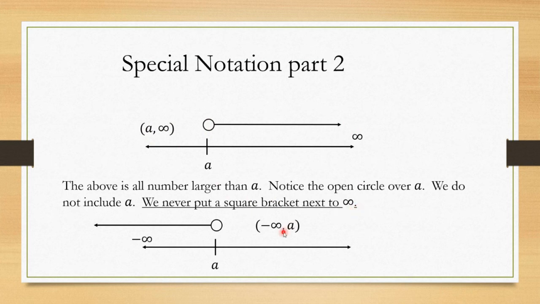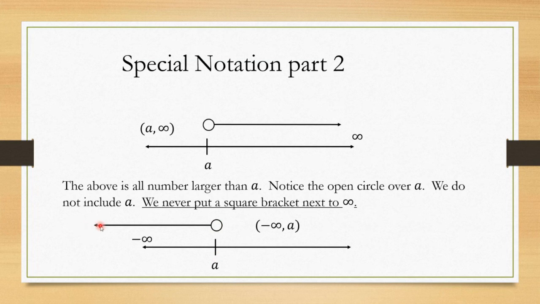What's this interval? This is the same idea, but in the other direction. This is all numbers smaller than a, to the left of a. How do we graph this? We have an open circle above a on the number line. We also draw an arrow pointing to the left, as you can see.